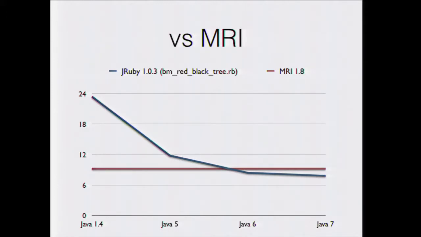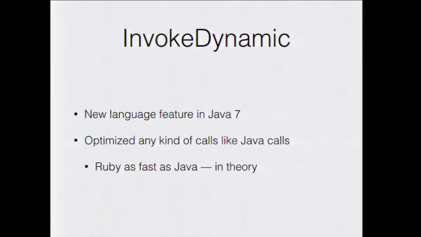And there is a new feature in Java 7 called InvokeDynamic, which is a new bytecode for the Java virtual machine that will speed up the invocation of dynamic language calls.